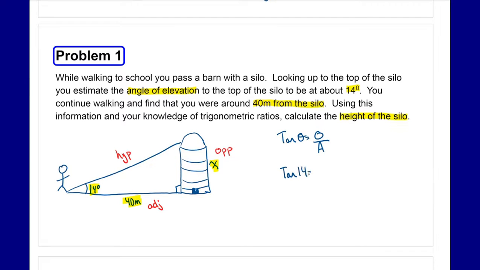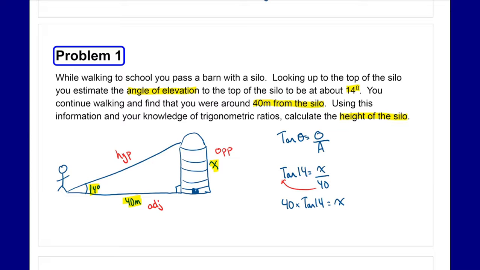Tan of 14 is equal to an unknown over 40. As we've said in our previous lesson, the missing piece is on top, so the bottom comes up and multiplies. So 40 times tan of 14 will equal our unknown height.